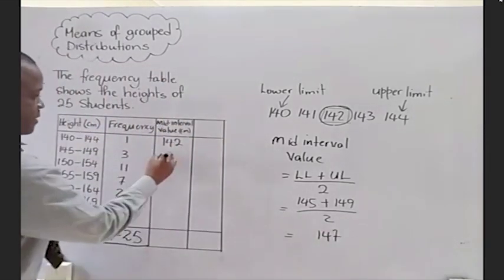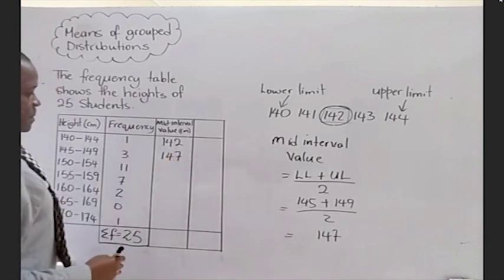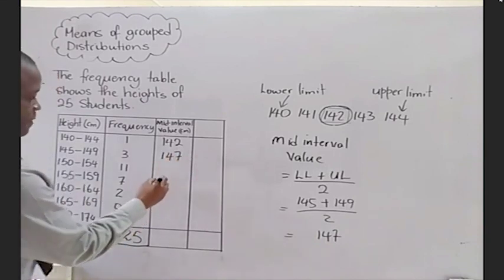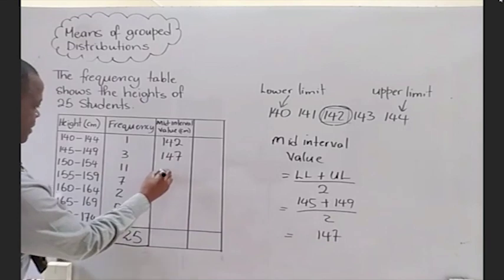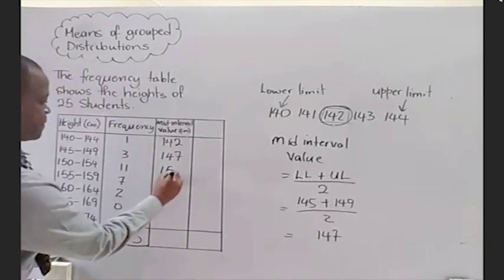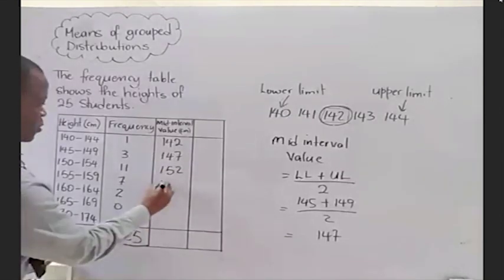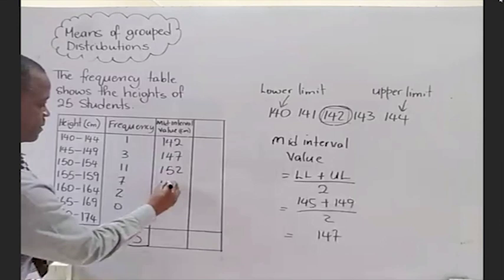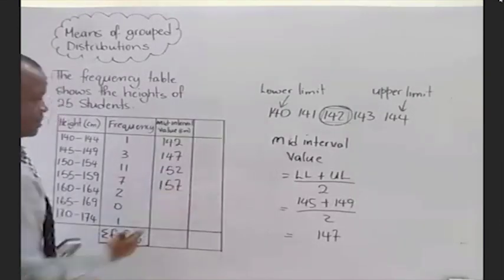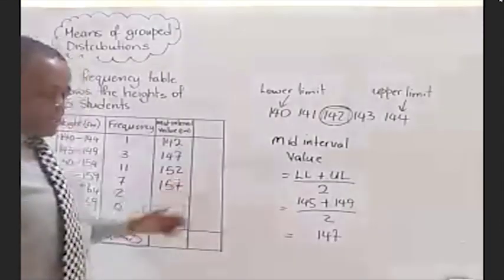Now I can tell you that the next one would have given you 152. The next one will give you 157.